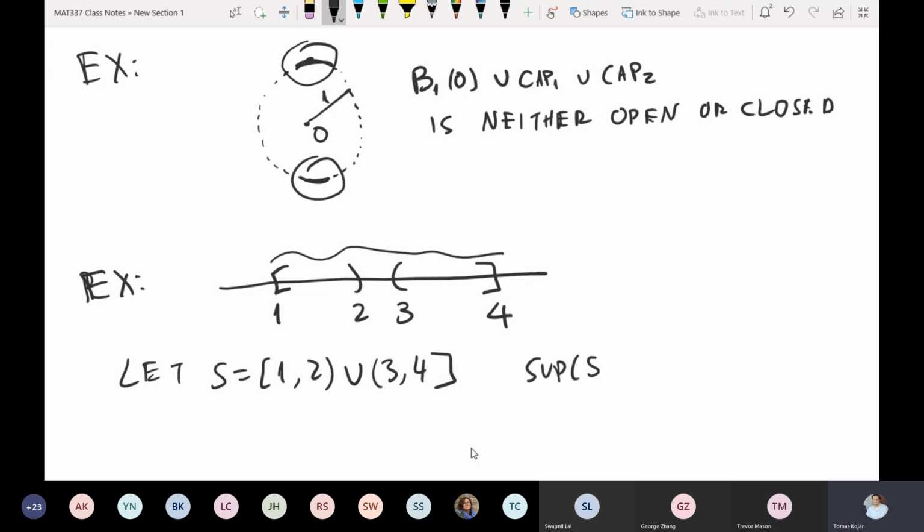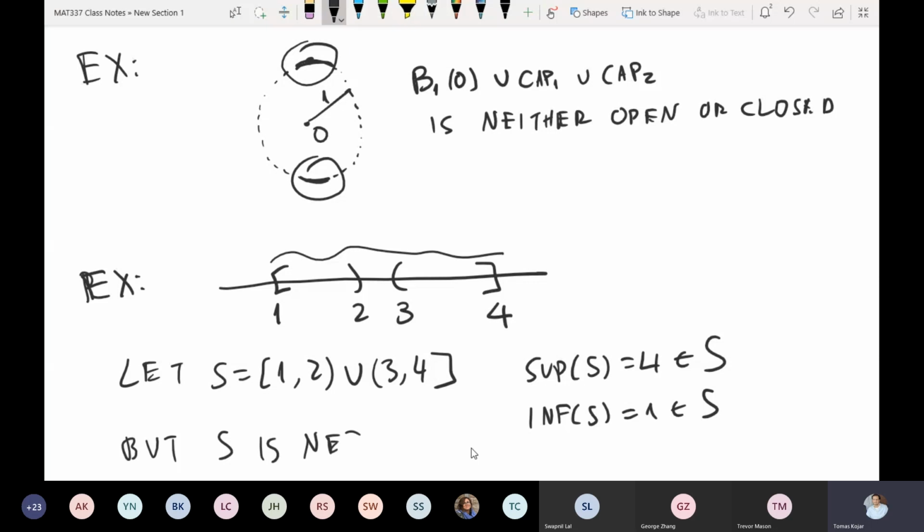Then sup of S is 4, and it is in S. Inf of S is 1, and it is in S. But S is neither closed nor open. Ruja, is that okay? Yeah. All right, I have to start.